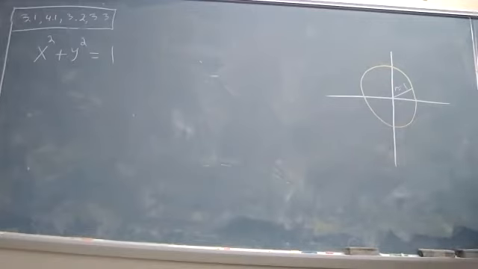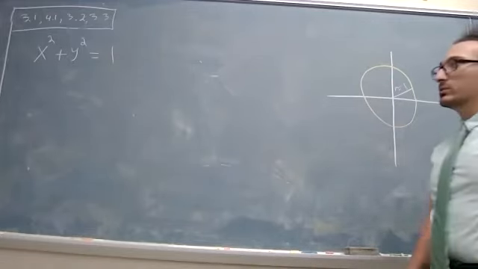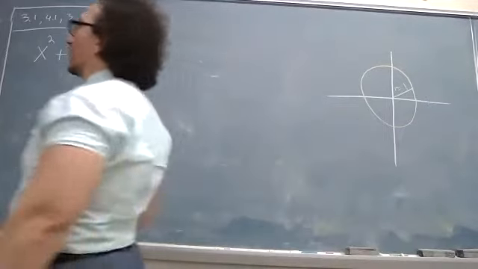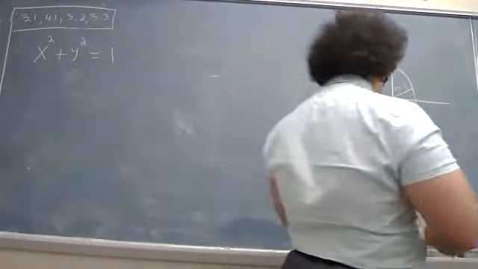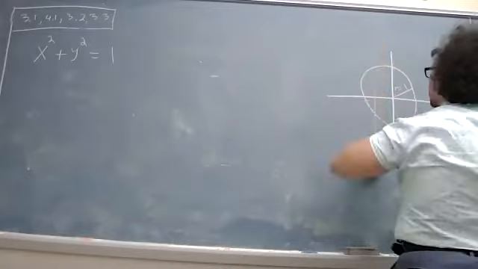It's a circle of radius 1. x squared plus y squared equals 1 is a circle centered at the origin of radius 1. Clearly, utilizing the vertical line test as we did before, this is not a function.